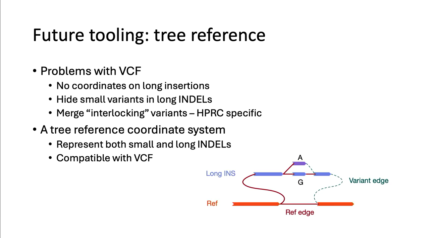You can actually model it: this is one allele, with G, and this is another allele in the VCF, with A. Both of them are long insertions. But this makes it very difficult to work with, because both are long, and you cannot really see the SNP in the insertion.